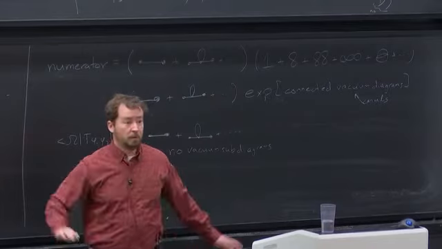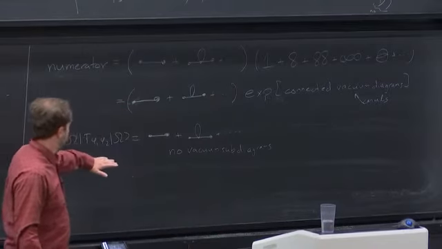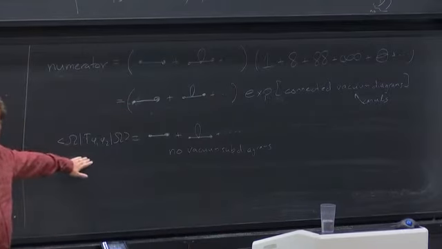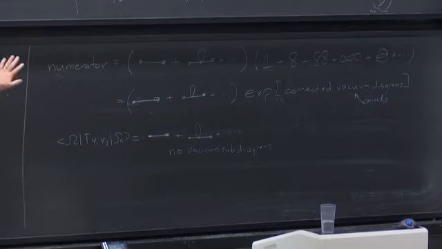So our Feynman rules for the Heisenberg picture correlation function are very similar to the Feynman rules for the numerator.